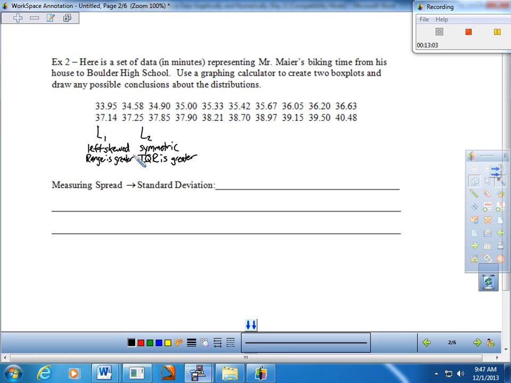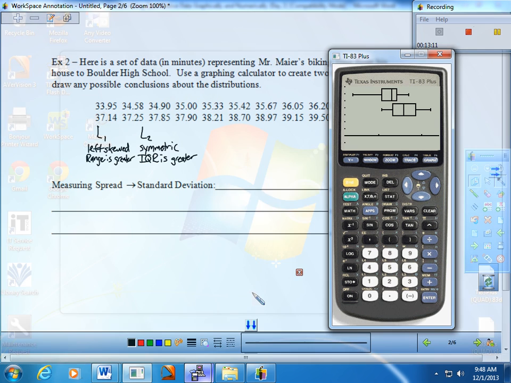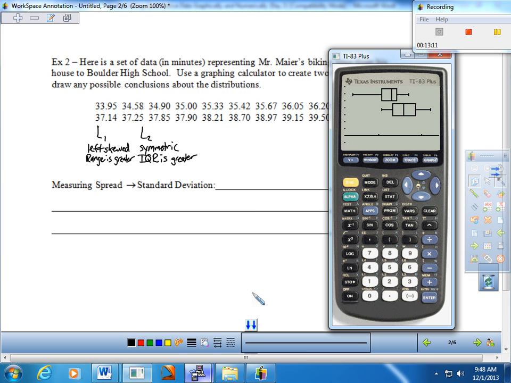Let's see, anything in terms of me biking in the afternoon versus the morning? Well, it looks like for sure that the morning rides are quite a bit longer than the afternoon, so these are all kind of shorter, a little further this way. Okay, so it looks like the biking times are longer in the morning from this second data set right in here.